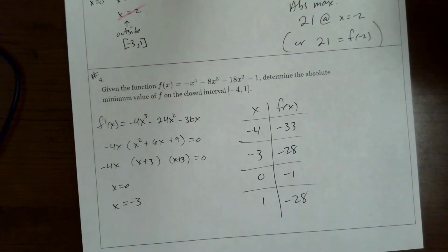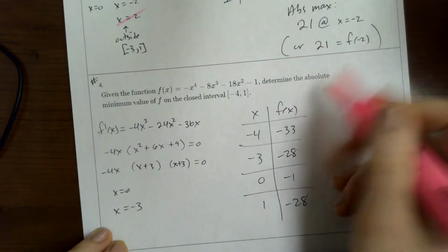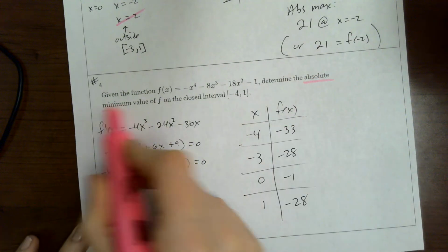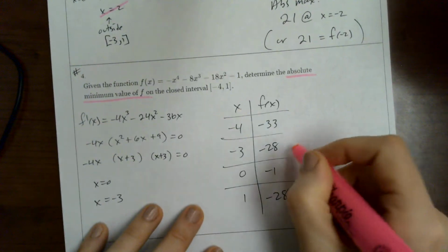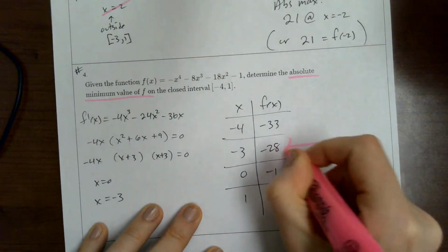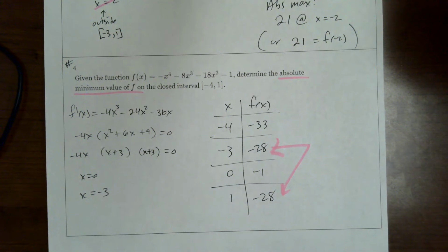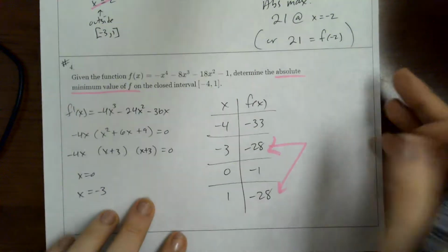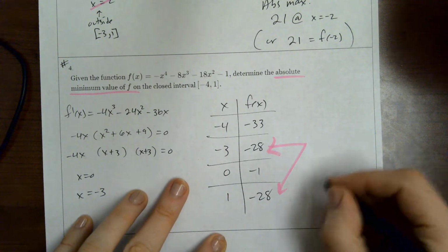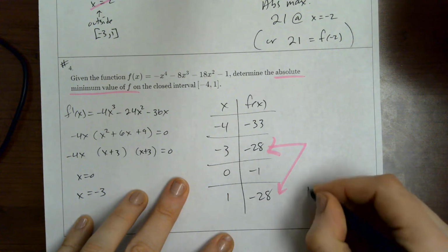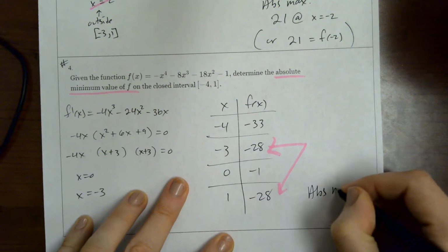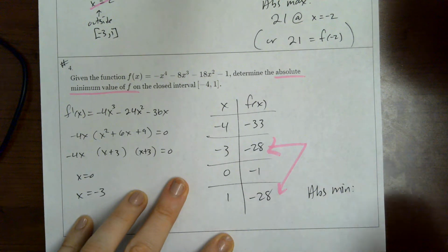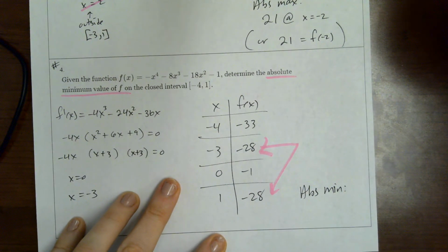Okay, so we wanted the absolute minimum value of f. So the absolute minimum value of f is negative 28. All right. So I'll say it like this. I'll say absolute min, and I'll use function notation for this one.